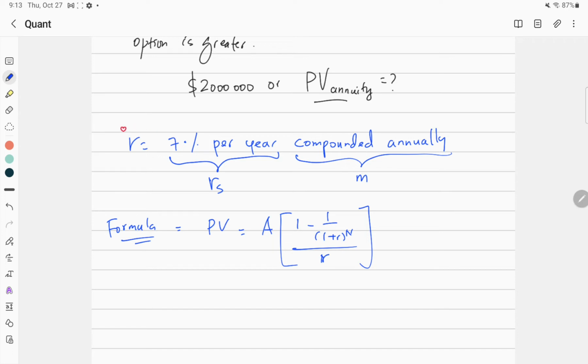Now, if the interest rate is described as whatever per year compounded annually, then we can directly put the 7, or 0.07, in this.